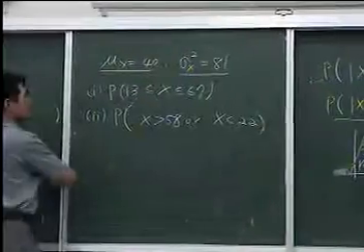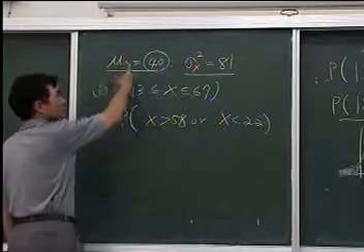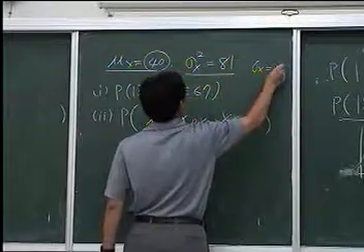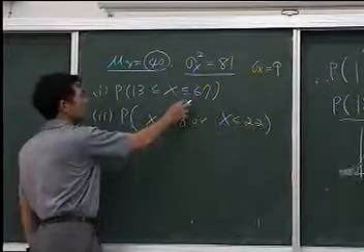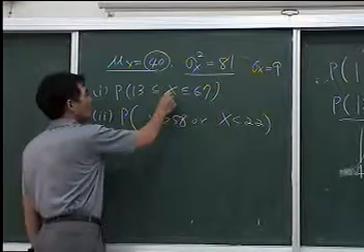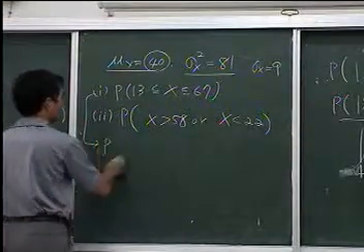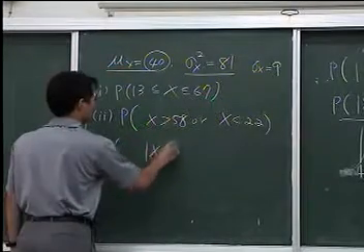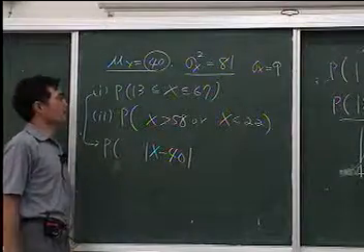So in this case, we know mu x is equal to 40, and sigma x is equal to 9, right? And so here we are trying to figure out, let us rewrite the formula. So it should be x minus 40, okay?